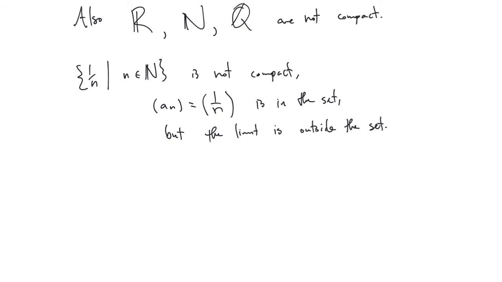How about one more example? What about the open interval, say 0 to 1? This is the open interval from 0 to 1. What do you think? Compact or not?